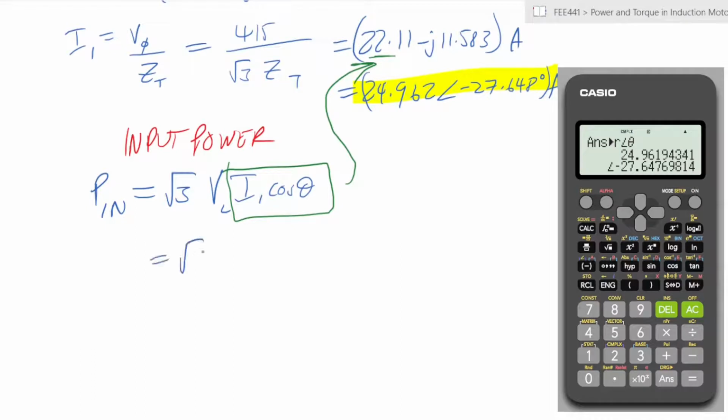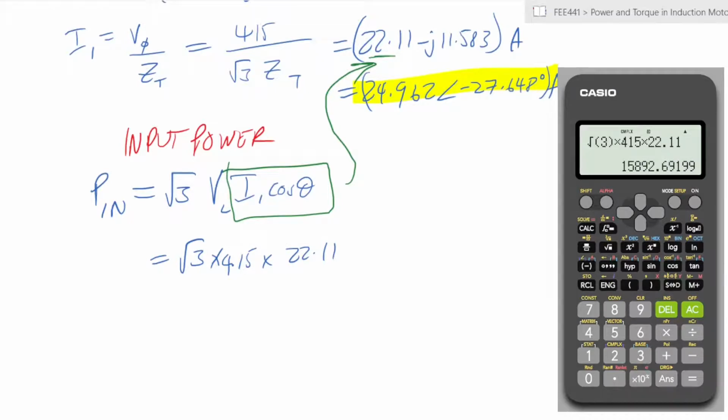So if we were to say 415 times 22.11, that would still be an acceptable answer. Or you can do the long way, which is 24.962 into the cosine of that. But for now, I will just do 415 times 22.11.